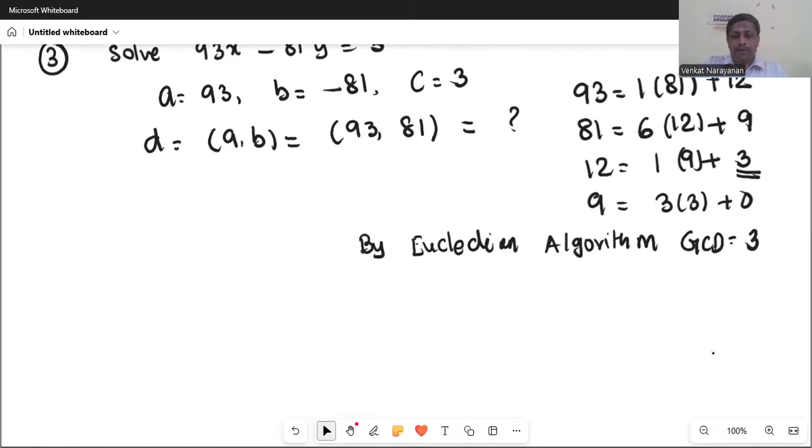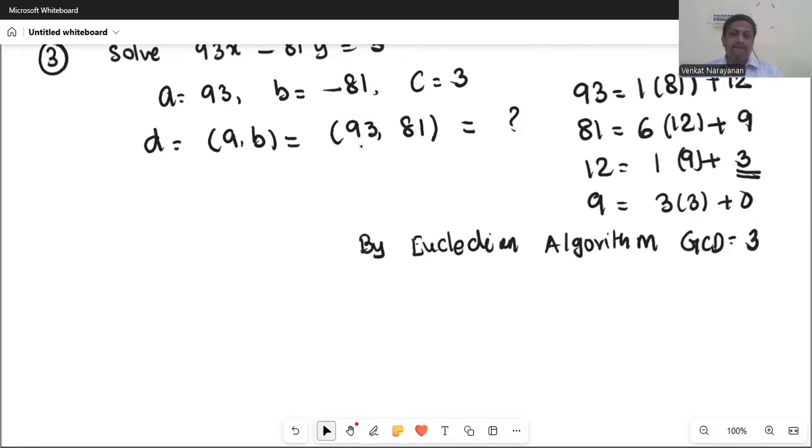Now we understand the GCD for the given problem. Our aim is to find the initial solution. Like the previous problem, the coefficients A and B are 93 and minus 81, which makes it very difficult to find the initial solution for this problem.